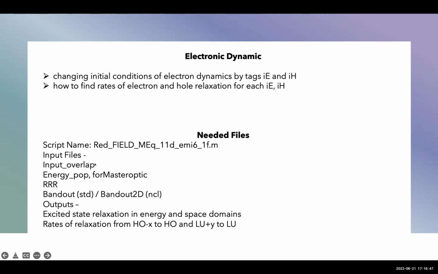For the calculation, we need the energy, pop, formaster, optics and RR files. Our previous speaker explained how to generate the formaster, optics and RR files. We already generated them when we did the coupling calculation. The speaker also showed how to generate the band out file.